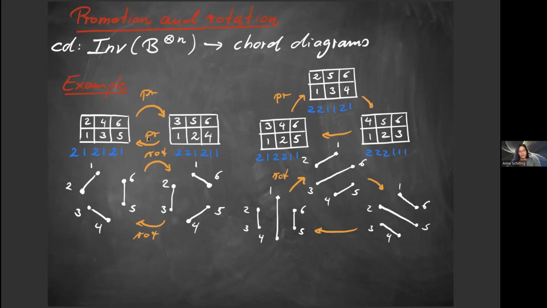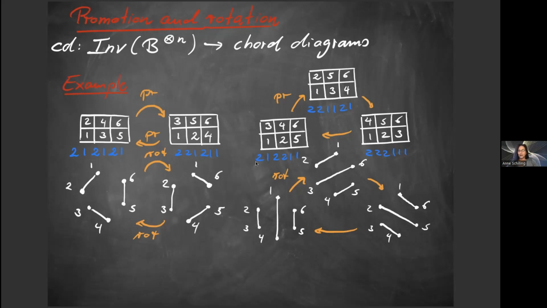Okay. But now what we want to do is map this to chord diagrams. So the chord diagrams I have drawn for you down here. In particular, 1, 2, 1, 2, 1, 2 corresponds to this chord diagram where we connect 1 and 2, 3 and 4, 5 and 6. And the promotion operator just corresponds to rotation of this chord diagram.